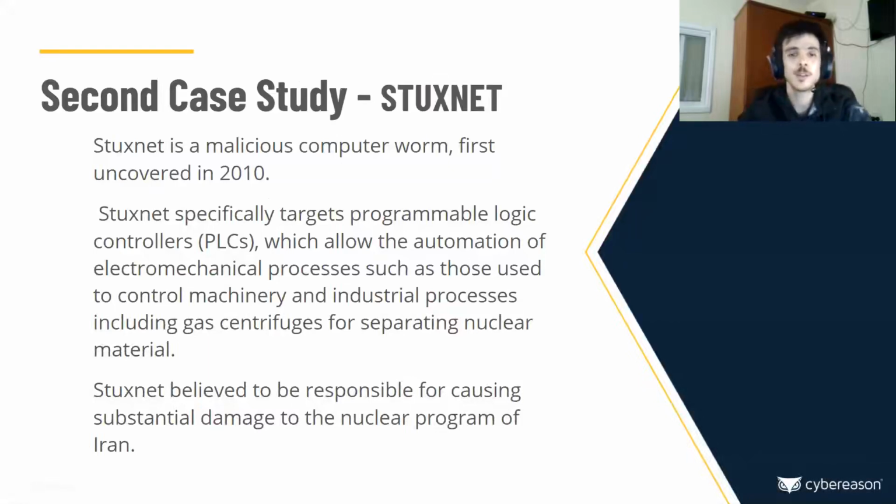Now, Stuxnet is a malicious computer worm that was discovered in 2010. It's very famous, and it targeted the programmable logic controllers, or PLC, which basically control the centrifuges in the Natanz enrichment facility in Iran.